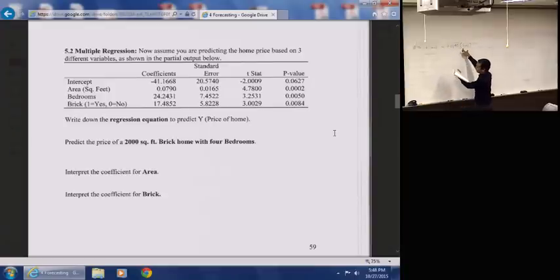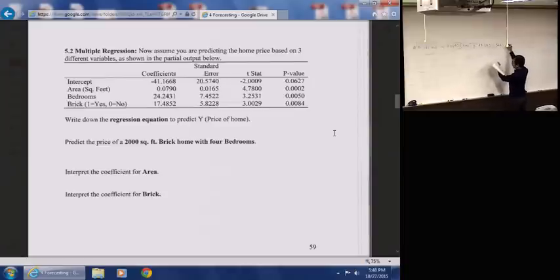Let's call the variable area, and then plus 24.2431, I call it bed, and then plus 17.4852, and I call it brick. Okay, so this would be your regression equation. It's very long, but it's very intuitive too.